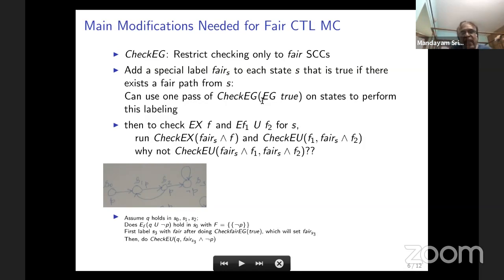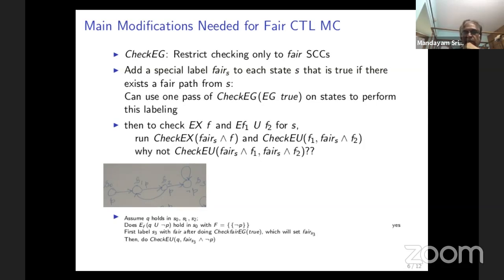Which states you label with the fair label or not is determined by that. Okay. So these are the two things that you will have to do in order to take care of fairness.